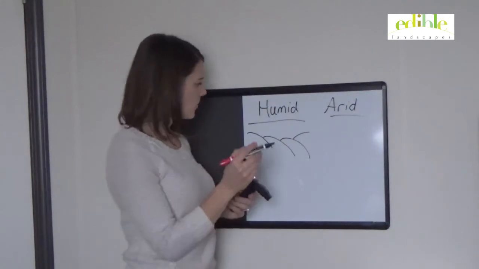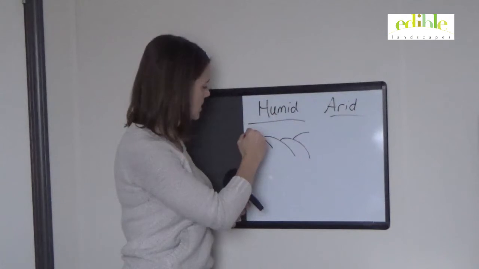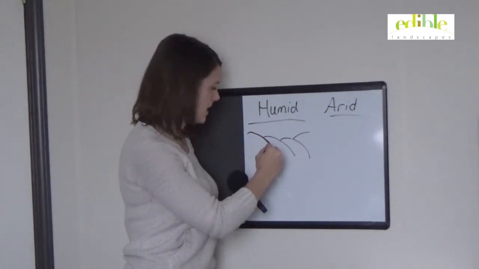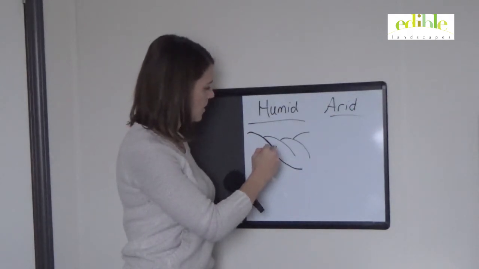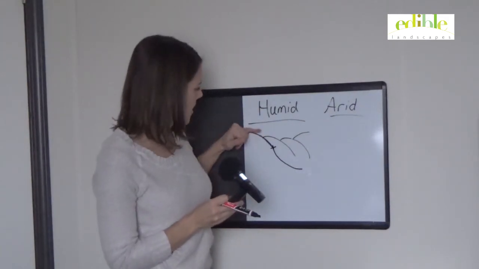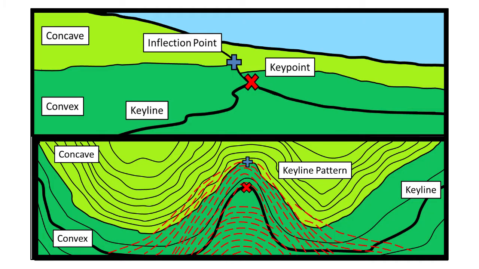And the key points are simply where the hillside turns from convex to concave. So every hillside will have that turning point where it goes from convex to concave, and that is our key point. Now, this key point isn't only on each hillside, but also within a valley as well.